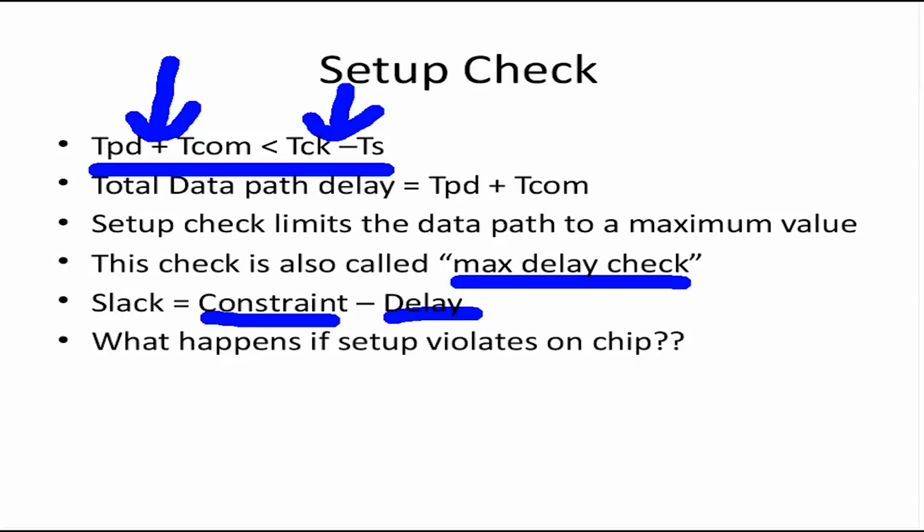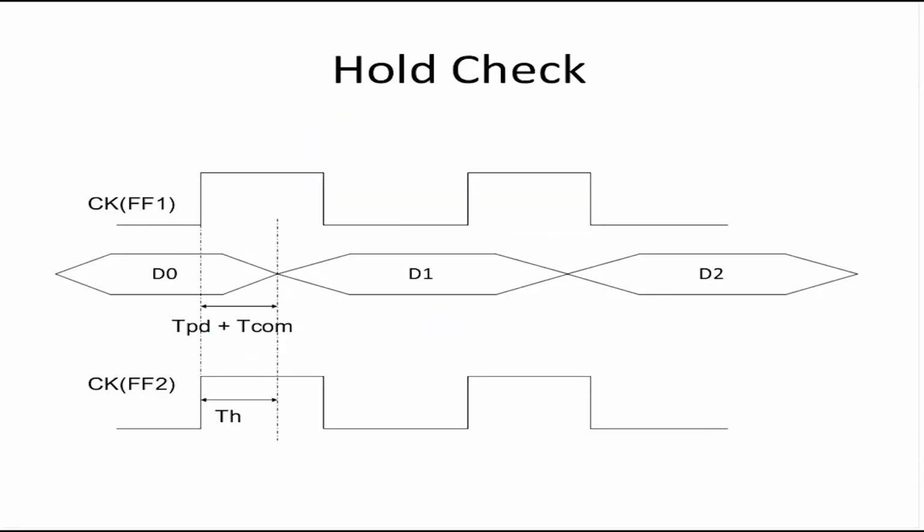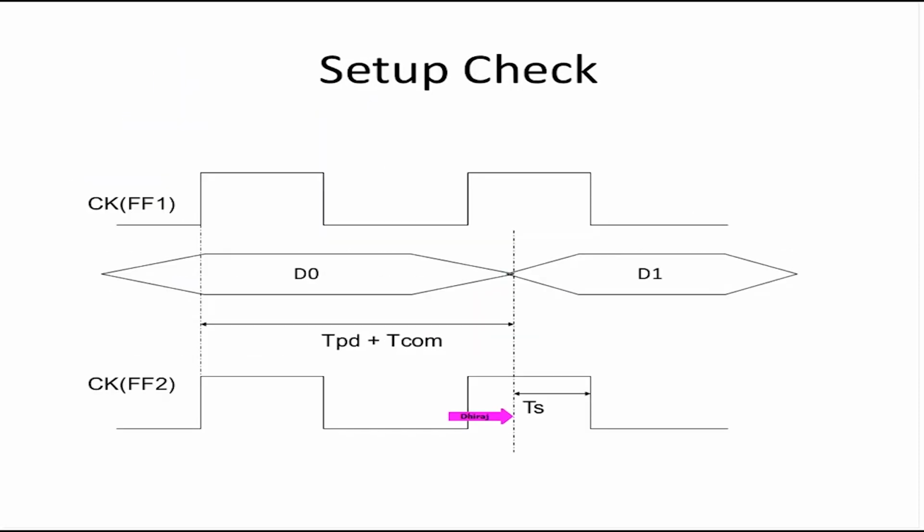Okay. Let's go to hold check. Now just look at this figure carefully. See what setup check is trying to do. It is trying to make sure that FF2 captures D1 properly. That means D1 should be set up properly before FF2 can capture it.